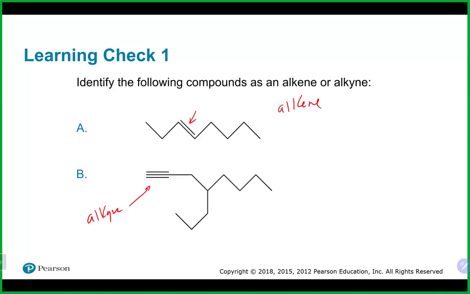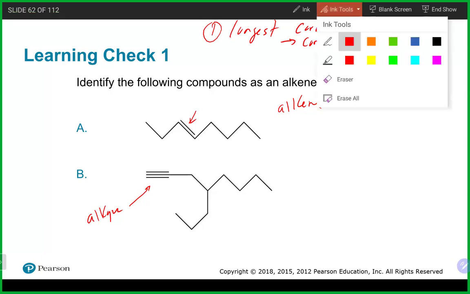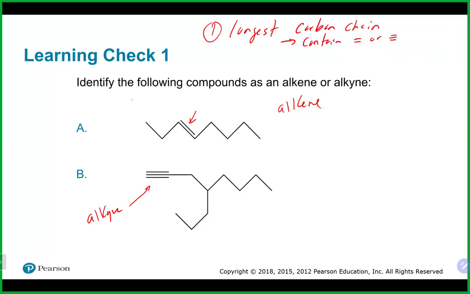We do the same thing. We are looking for the longest carbon chain. It needs to contain the double bond or the triple bond. You can't avoid the double bond or triple bond; it actually has to contain it when you count. So in the case of the first one, that is 1 carbon, 2 carbons, 3, 4, 5, 6, 7, 8 carbons.